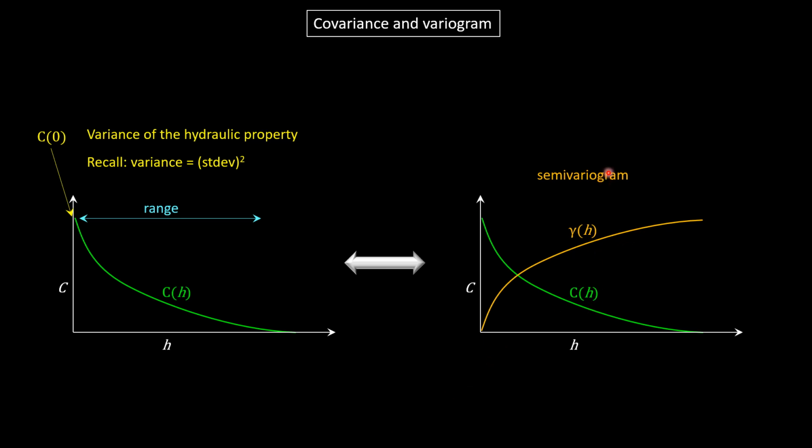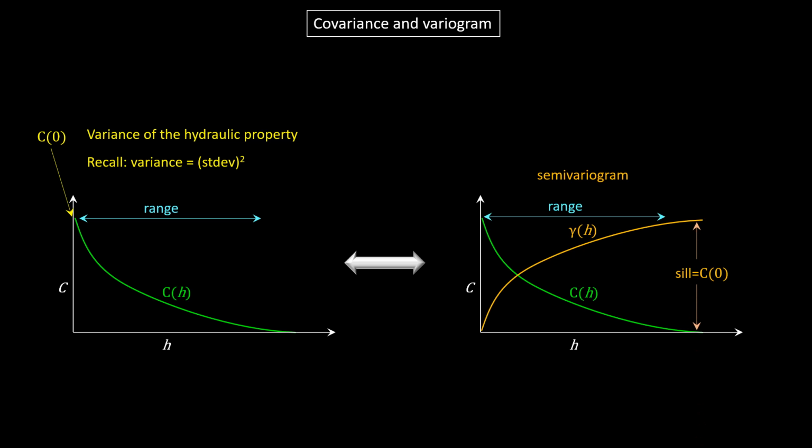So a semi-variogram gives us a completely adequate way to describe decay of covariance with distance. You can use one or the other. The variability, the variance of the hydraulic property, is called the sill if we're talking about a semivariogram, and it's the value of the semivariogram at very large distances. The range remains the same.